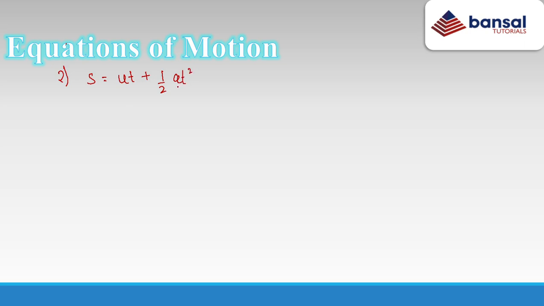As you know, s is the distance over here, u is the initial velocity. Now let's derive it. Students, suppose there is any object. Let's suppose a car is there. It is traveling with the initial velocity u, and it is accelerating with a for time t.